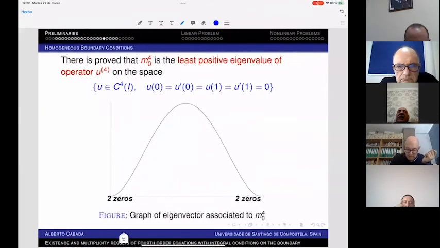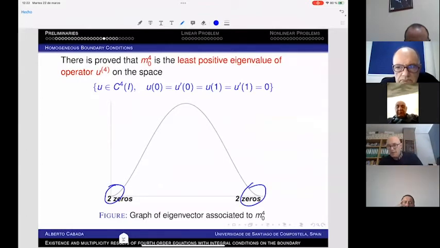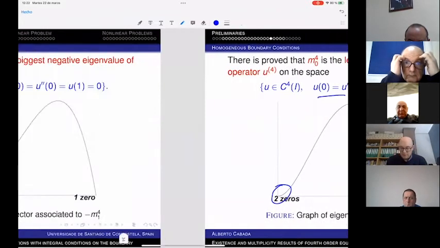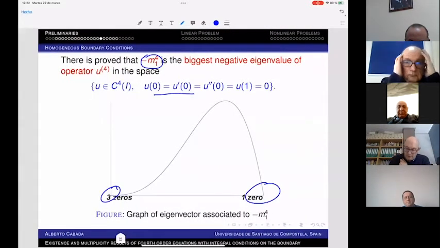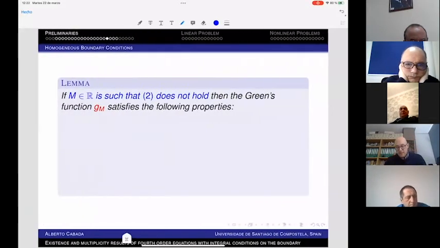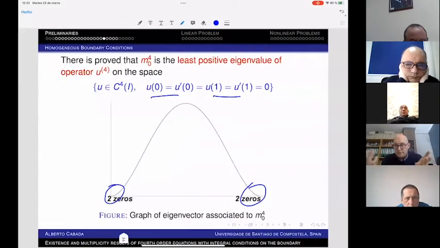But the other one will be, remember, k minus k is 2, right? So we go from the first eigenvalue of the problem (2, 2) zeros, to the first eigenvalue of (3, 1), right? And it is characterized, because it is a general result, without calculating the Green function, okay?